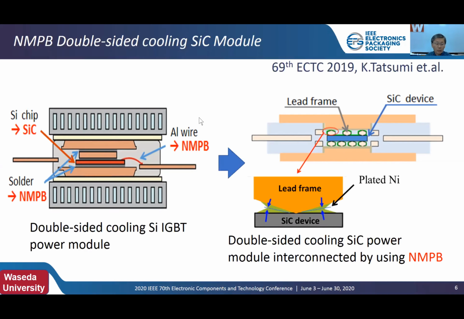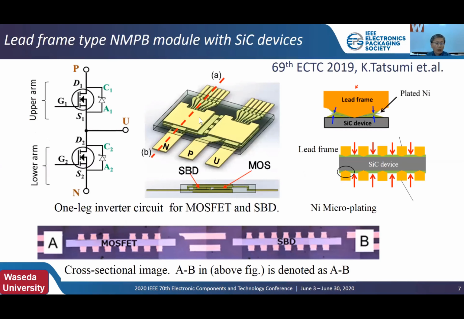Nickel was deposited by electroplating for the interconnection at around 55 degrees C. As shown in this figure, the SiC chips were sandwiched between two lead frames and directly connected to the chevron-shaped top portion of the leads, which enables the interconnection in a narrow gap by nickel electroplating.